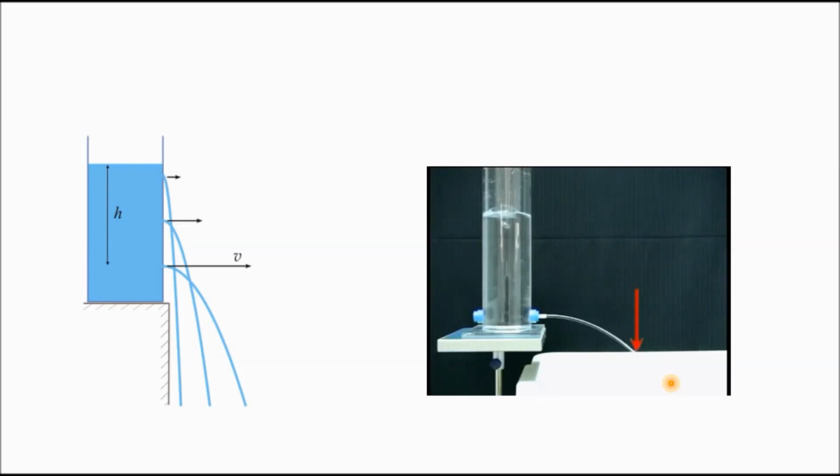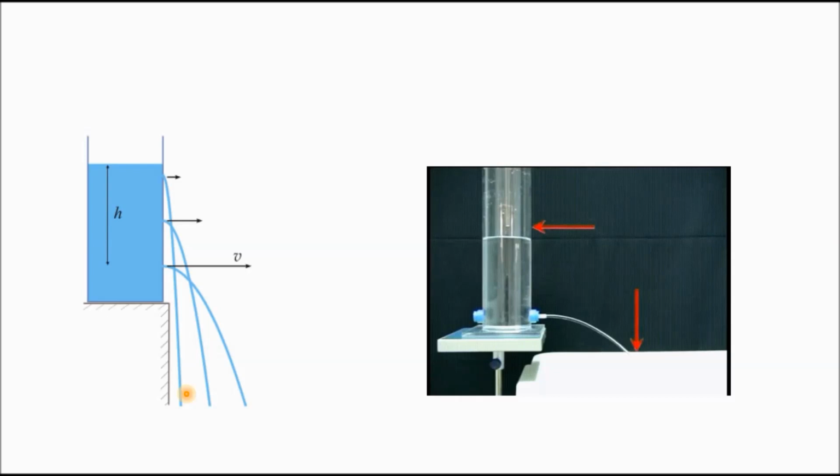This is one of the beautiful examples of pressure. Pressure depends on the height. You can see that if you punch a hole at the bottom, the water travels a greater distance. If you punch the hole at the top, it travels a shorter distance, because of the height of the liquid.